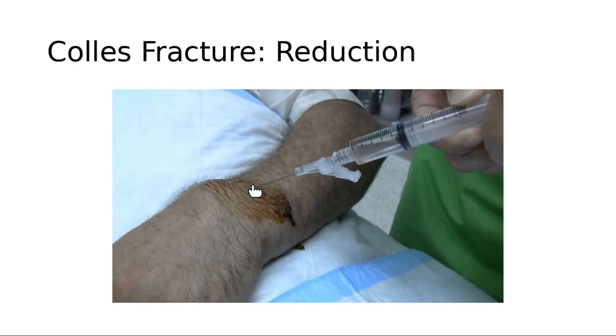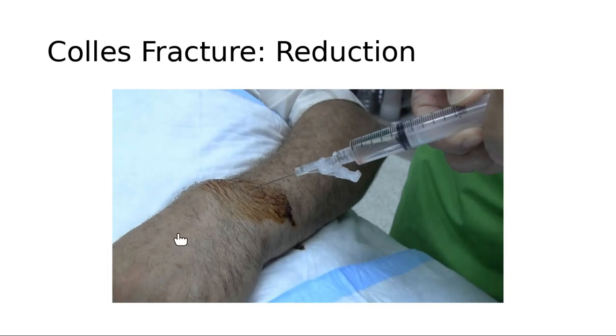Alternatively, you may opt to do a regional block by using what we call a Bier's block, B-I-E-R apostrophe S, a Bier's block, where you inject in the vein a dilute solution of a local anesthetic, for example, 0.5% of lignocaine with a tourniquet attached to the arm so as to prevent the escape of the local anesthetic in the vein into the general circulation.